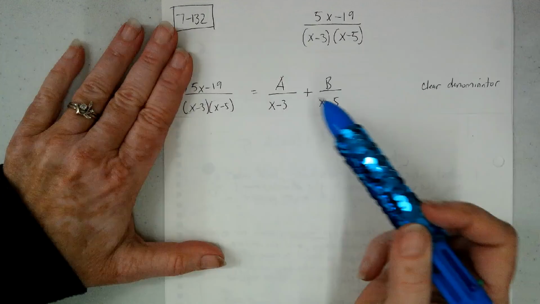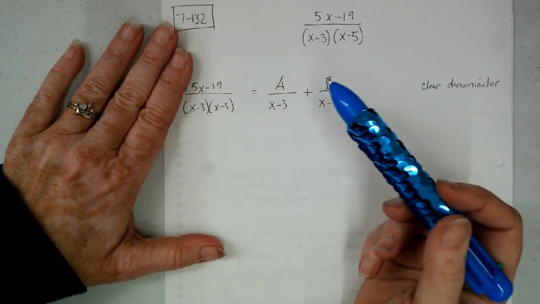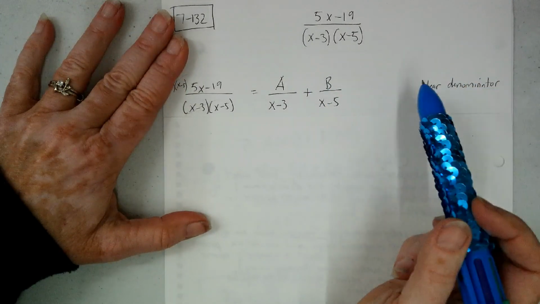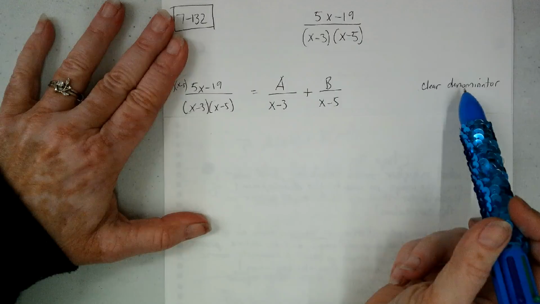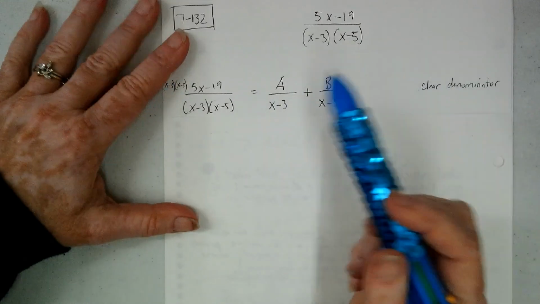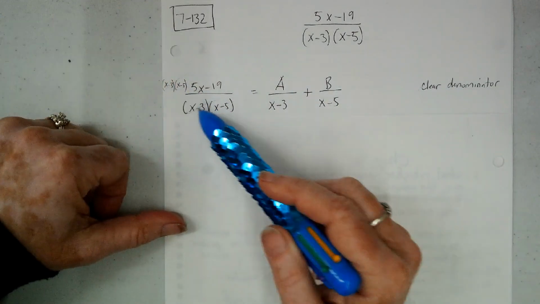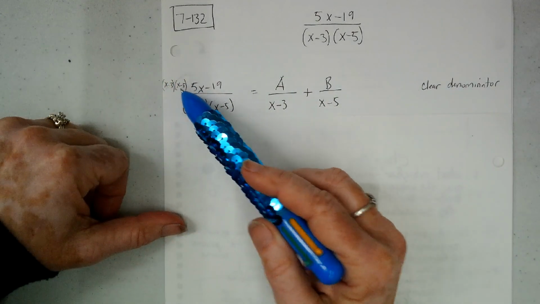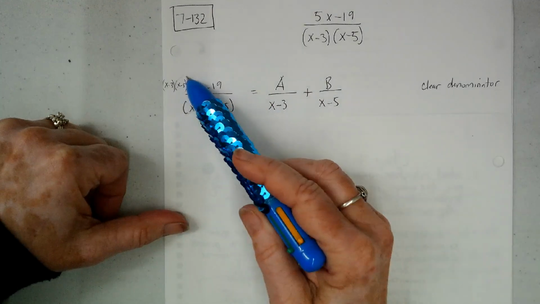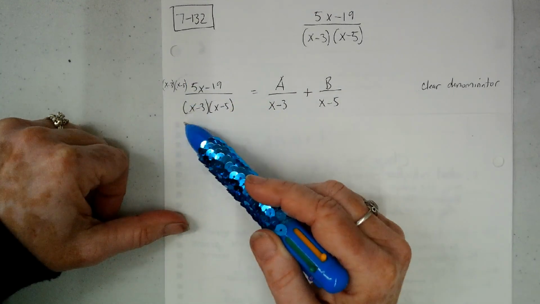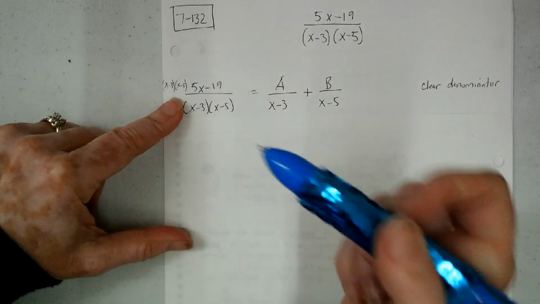So we're going to clear the denominators all the way out. We're going to multiply both sides by x minus 3 times x minus 5. So on the left side, the denominators cancel all the way out.